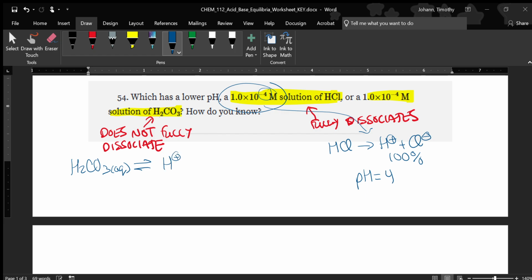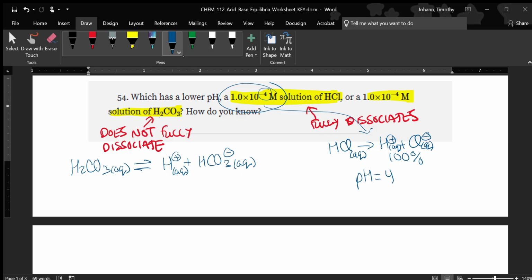It's going to go to make H plus and HCO3 minus aqueous, that's bicarbonate. That's part of baking soda. Aqueous. There, I feel better. All right, but this does not fully dissociate.